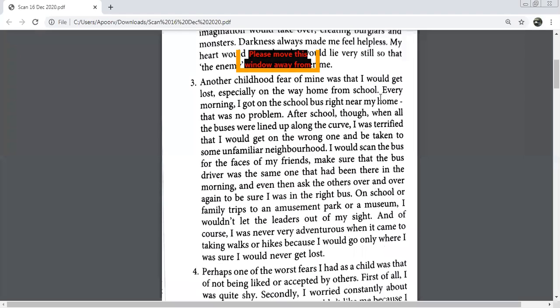Ma'am, the heading is the fear of my childhood, and the subheadings are the fear on the way from school to home, and by scanning the face of friends, by the fear of getting lost, and not adventurous, and following the leader at school trips. Good.